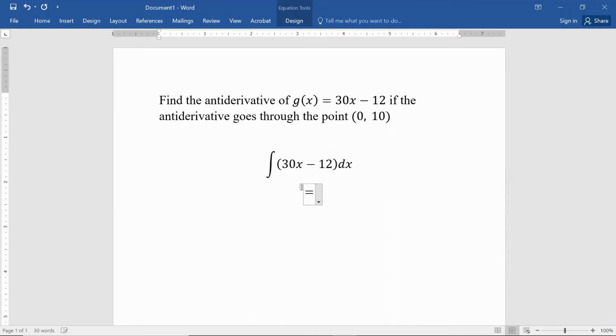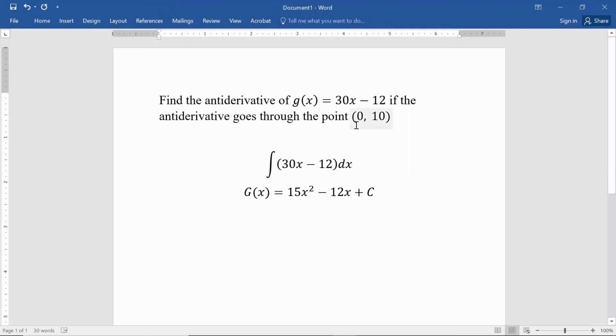This gives me 30 divided by 2 times x squared minus 12 times x plus c. 30 divided by 2 is more commonly known as 15. So I am going to simplify this expression to 15x squared minus 12x plus c. That is the form that the antiderivative takes. I'm going to call the antiderivative capital G of x.